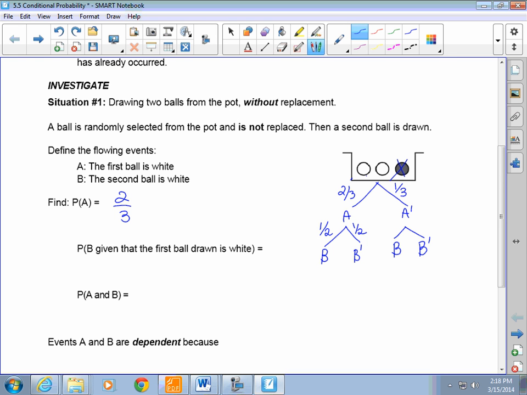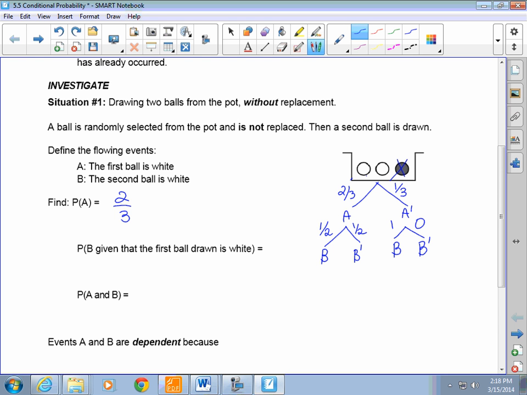Well, I have a 2 out of 2 chance, so that would be probability of 1. You have to. If the only thing left is white balls, then that means that's what you're going to get. What are the chances of not getting a white ball in that second selection? There's only 2 white left, so I have 0 chance of not selecting a white ball.